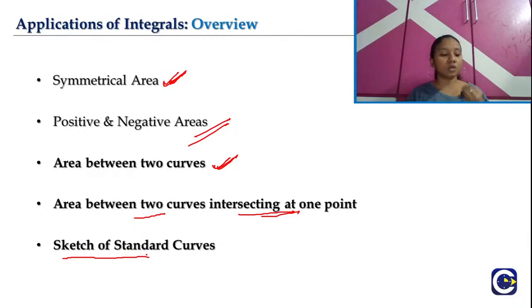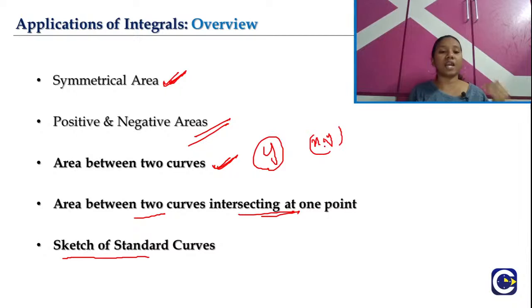Now the question is how we draw or sketch a given curve. We take some x value and substitute it, which gives the corresponding y value, and using those coordinates x and y we plot the graph. If we know the sketches of standard curves, there is no need to substitute x values and get the corresponding y and the coordinates of points.